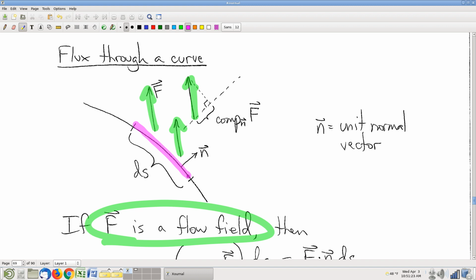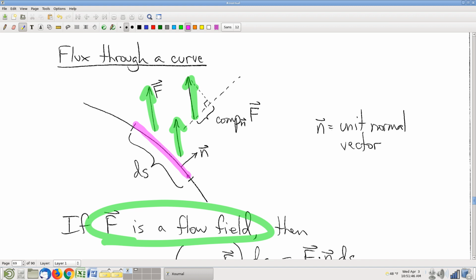Quantity per unit time of fluid. Notice that's not what the vector field itself tells you. The vector field is telling you the velocity of the fluid at any given point. It has units of distance per unit time. We're asking for volume, or area, per unit time. How much quantity of this fluid is flowing over that curve.